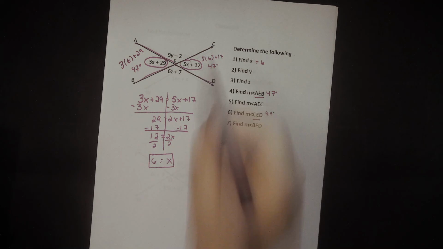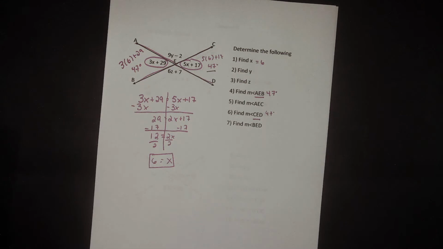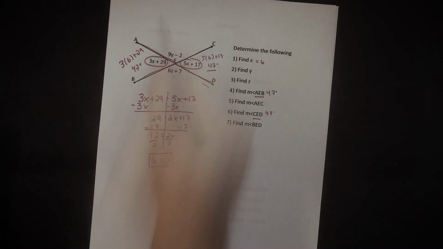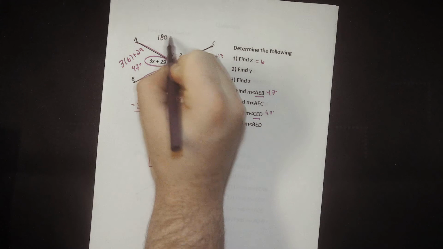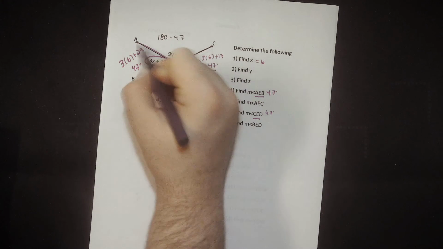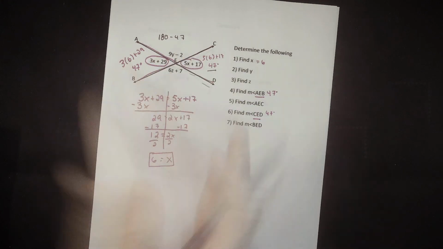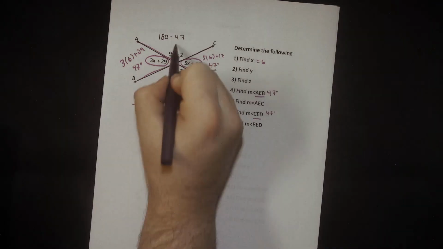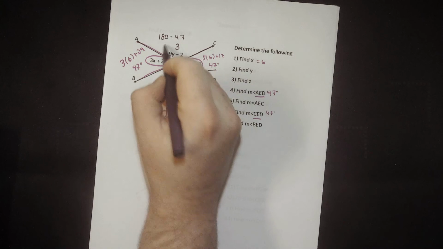Since I know this is 47, again, that rule about adjacent angles falls into play. This forms a straight line. Therefore, this angle here is 180 minus 47. It forms a straight line, so they're supplementary. So I'm going to get 133.